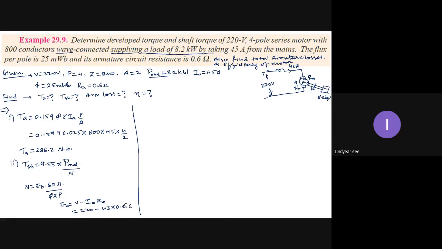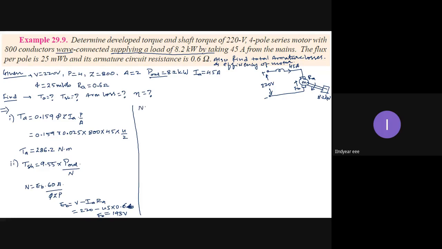Sorry, it is 0.6. This EB is equal to 193 volts. So this is my EB.